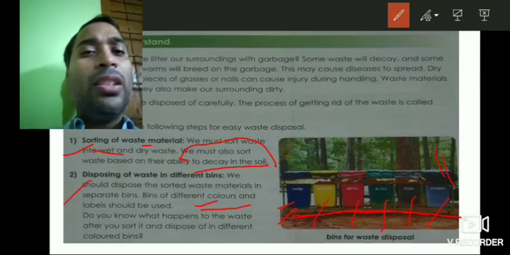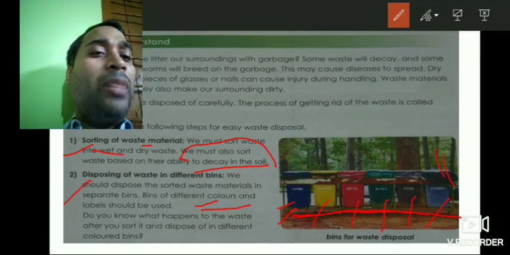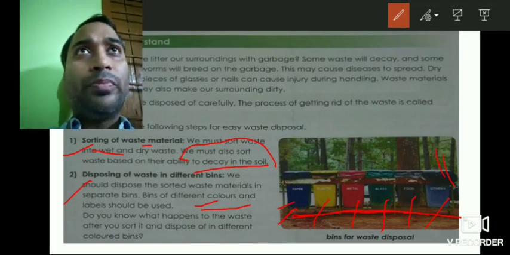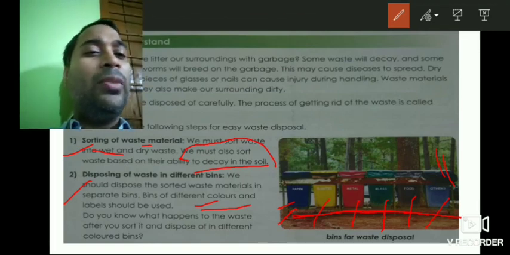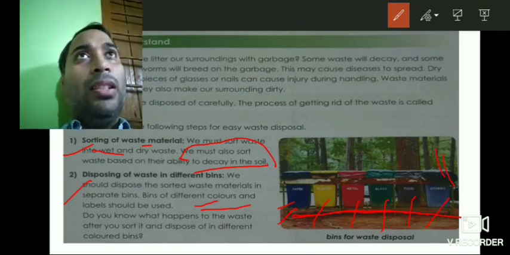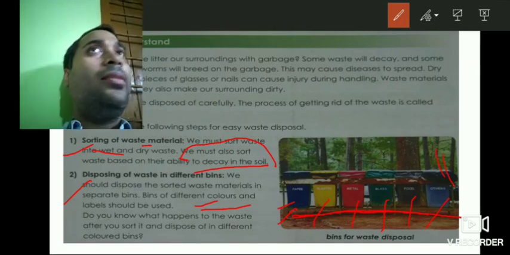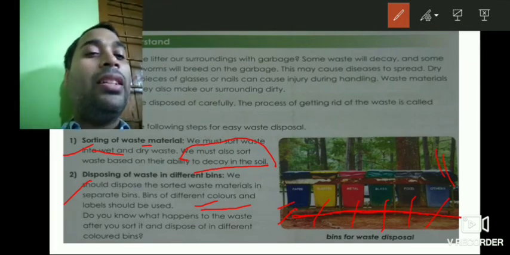So you yourself can make some labeling like biodegradable, non-biodegradable. Mainly we observe the dustbins which are available are of two types, biodegradable and non-biodegradable. The plastic and other things are kept in the non-biodegradable, and food waste like food items and all are kept in the other one, which is biodegradable.